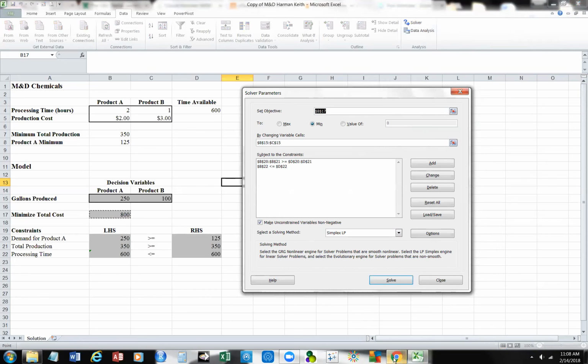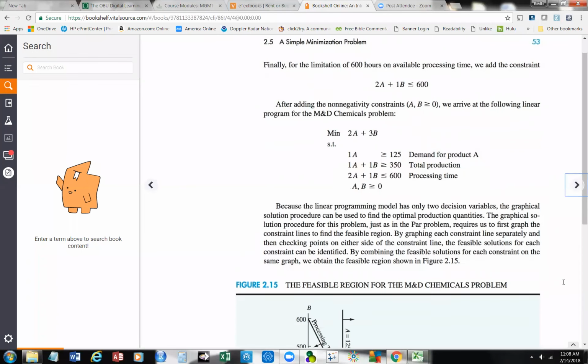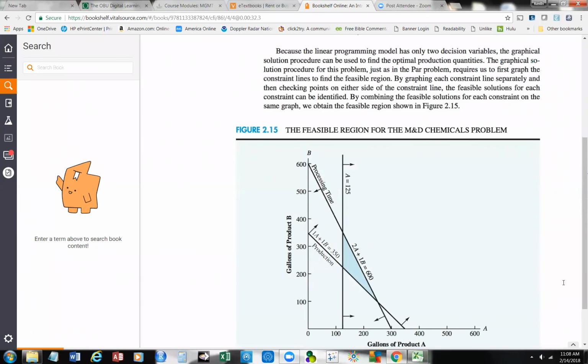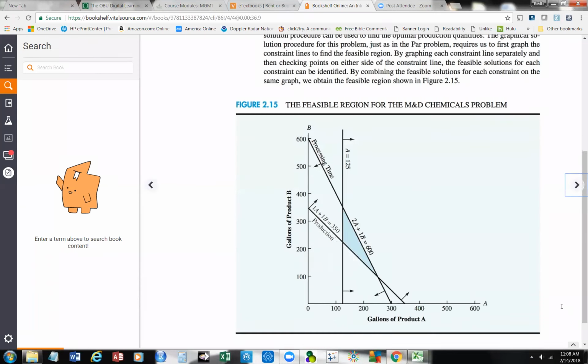I want to pop back over to the book for a minute. And you'll see this as we come down. We see the linear algebra that's been applied here for processing time and production. As we look here, on the horizontal axis we've got the gallons of product A, and on the vertical axis we have the gallons of product B, and so we have the abscissa and the ordinate. And we're computing points in space.